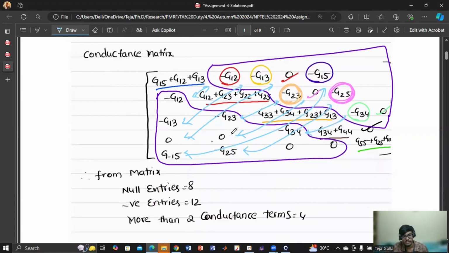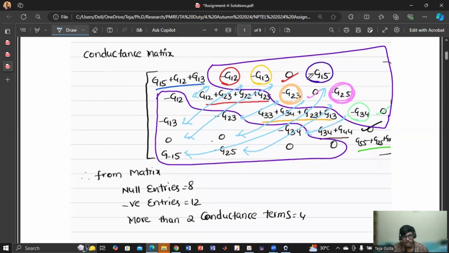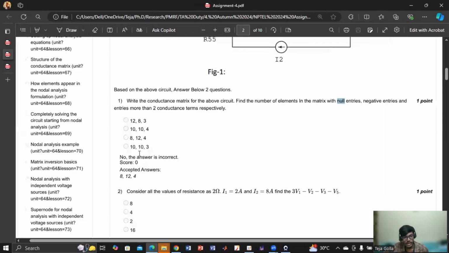Clear? So if you see how many positive elements are 1, 2, 3, 4, 5. So let me go to the question they have asked. We write the conductance matrix for the above, find the number of elements with null entries. How many zeros are there? So 1, 2, 3, 4 on this side, 4 on this side. So 8 null entries. And then how many negative entries, and entries with more than two conductance terms respectively.